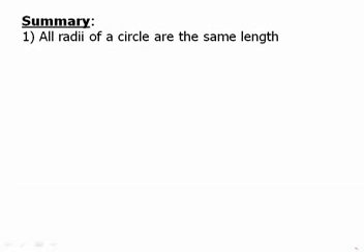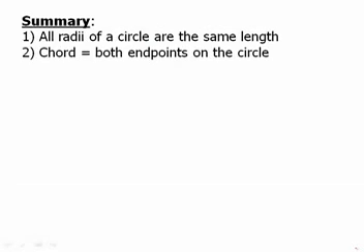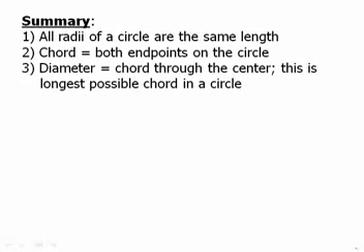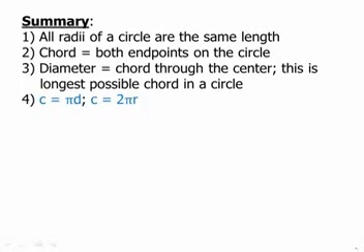In summary, all radii of a circle are the same length. A chord is a segment that has both endpoints on the circle. A diameter is a chord through the center. This is the longest possible chord in a circle. Of course, the diameter equals 2r, so that means that we can express the circumference either as pi d or as circumference equals 2 pi r.